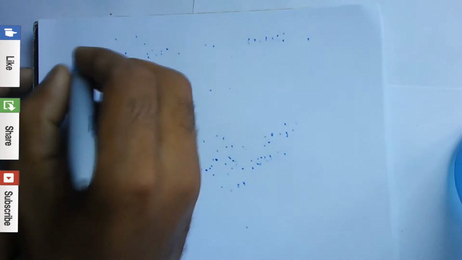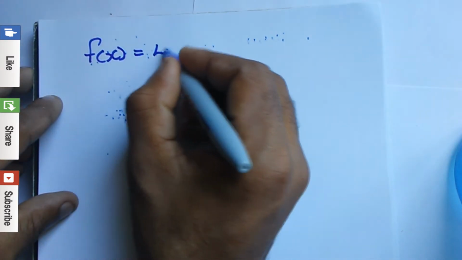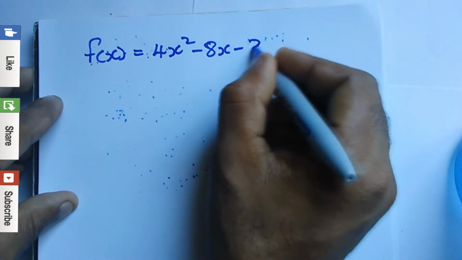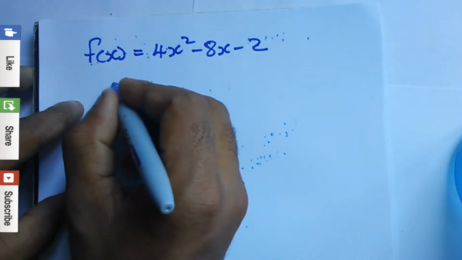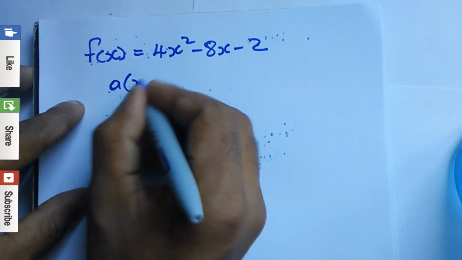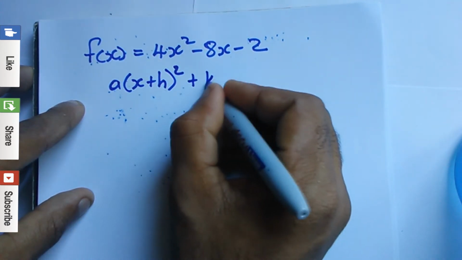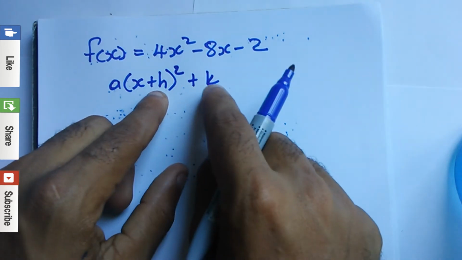So the question is f of x equal to 4x squared minus 8x minus 2, and we're supposed to express this quadratic function in the form of a bracket x plus h all squared plus k. Remember, we need to know what h is and what k is.